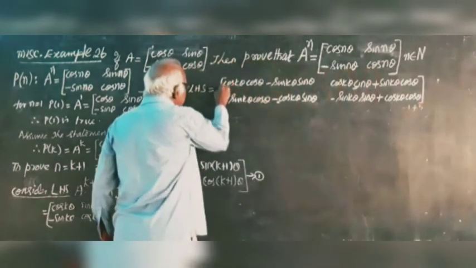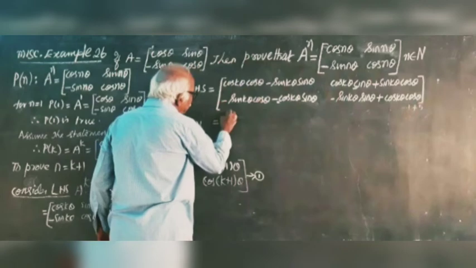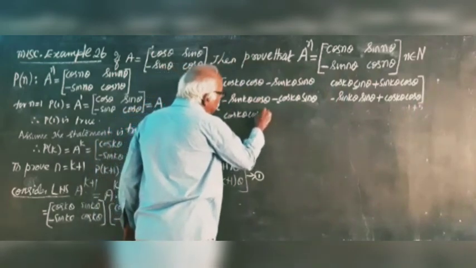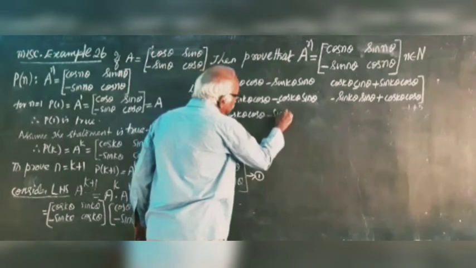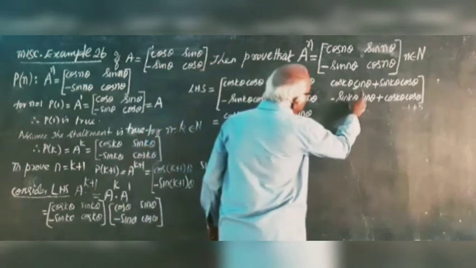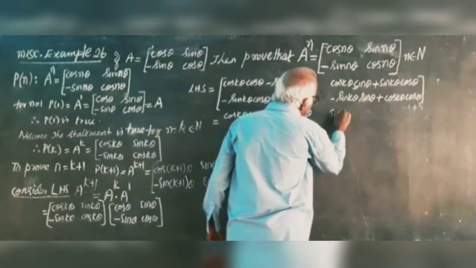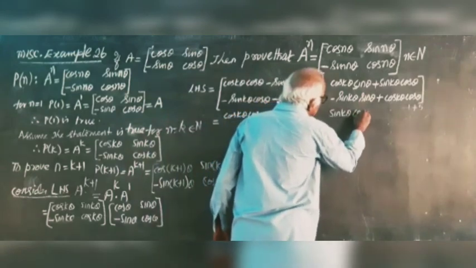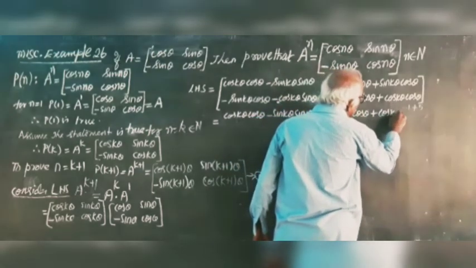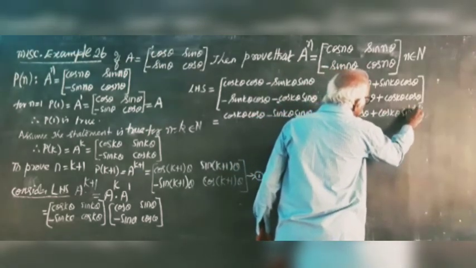Now rearrange: cos k theta into cos theta minus sin k theta into sin theta. This one, sin k theta into cos theta plus cos k theta into sin theta.